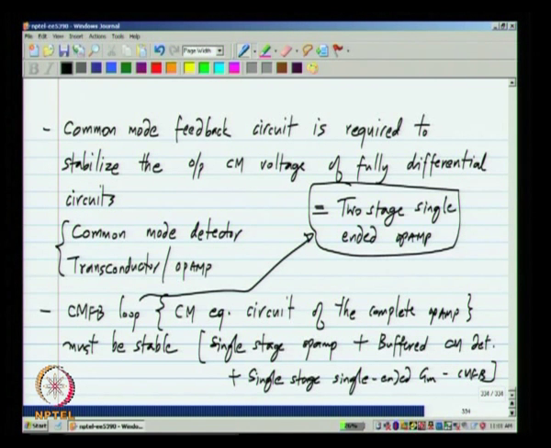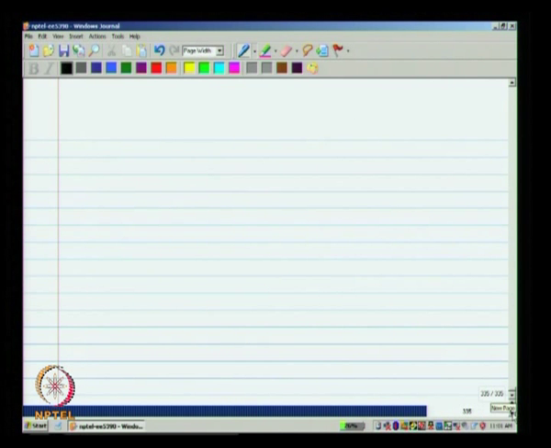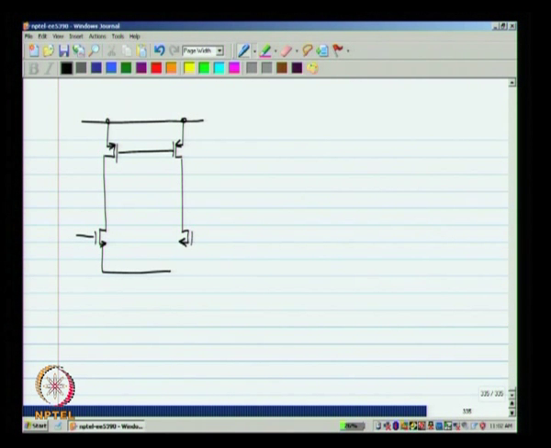Okay. Now, if we go back to the very simple common mode feedback we had earlier, all we had was this R connected there.